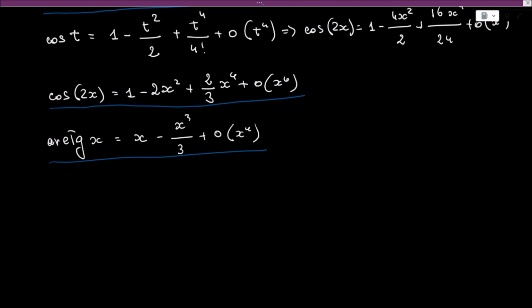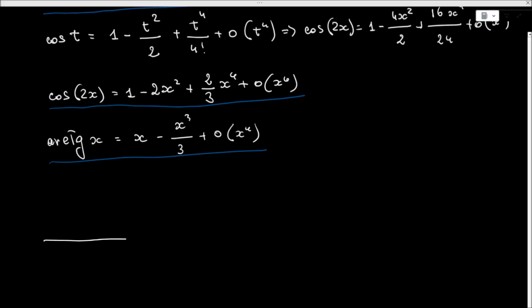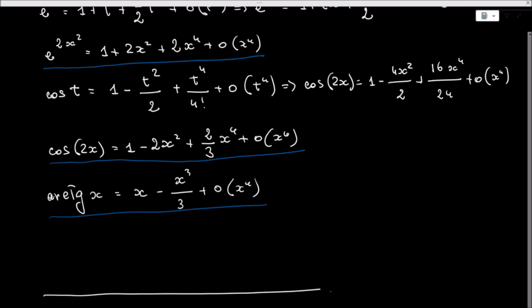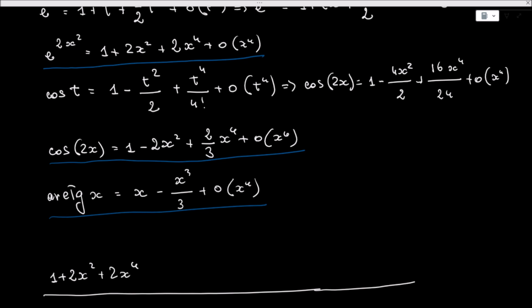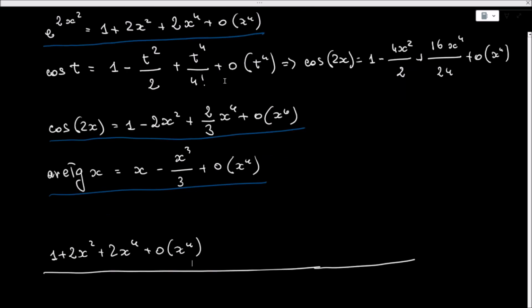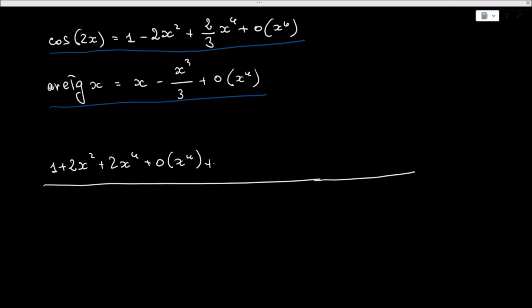Okay, so the final expression becomes, instead of e to the 2x squared, 1 plus 2x squared plus 2x to the 4th plus little o of x to the 4th, plus 1 minus 2x squared plus 2/3 x to the 4 plus little o of x to the 4th, minus 2.